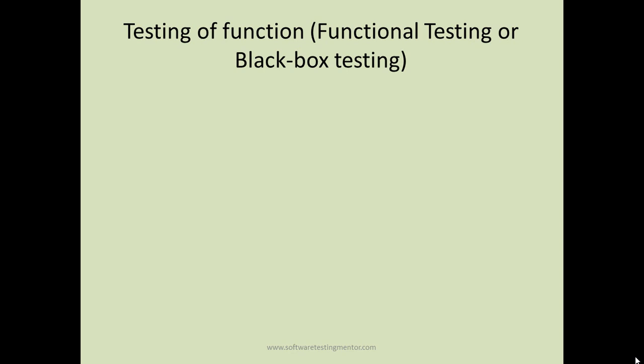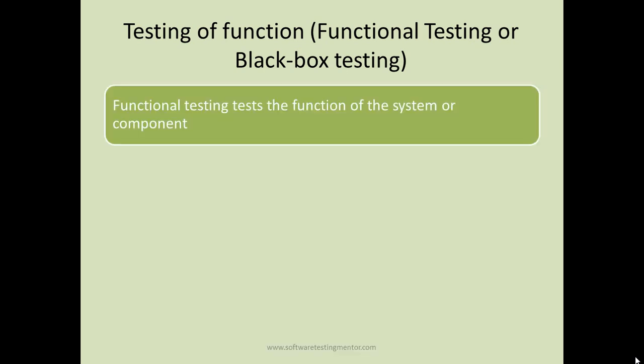Testing of function, or functional testing, is also known as black box testing. Functional testing tests the function of a system or a component. The main target or focus of functional testing is to test the functionality of the software as it is defined in the requirement specification or user stories.